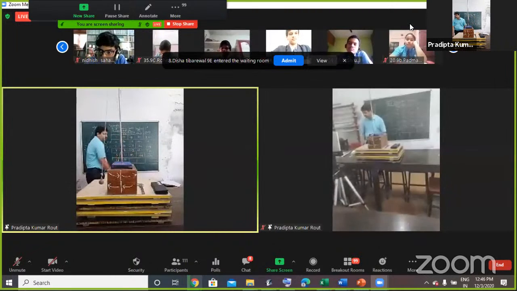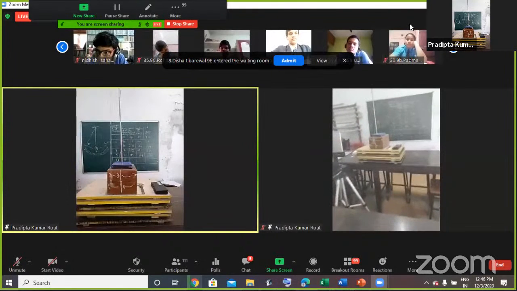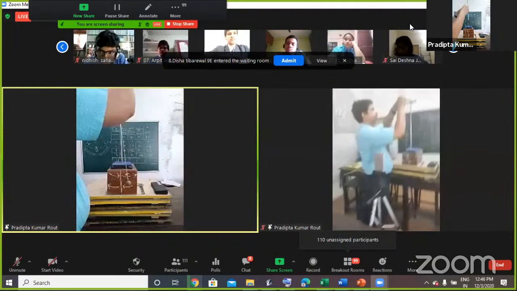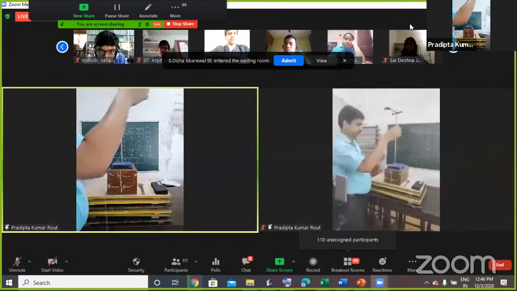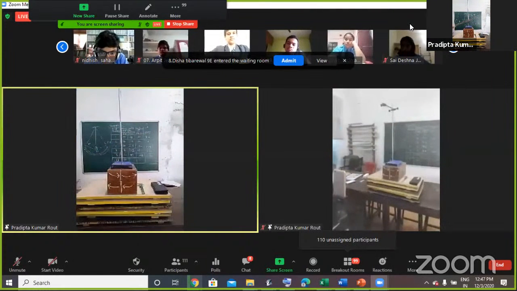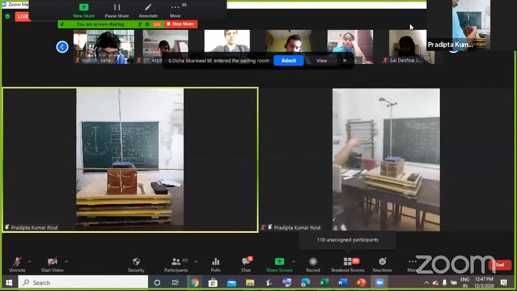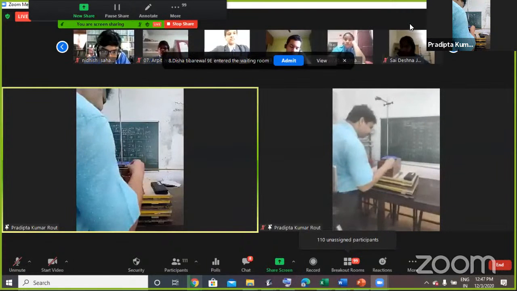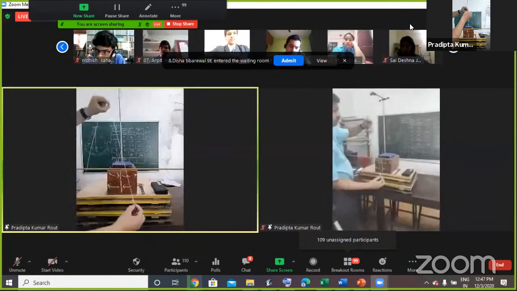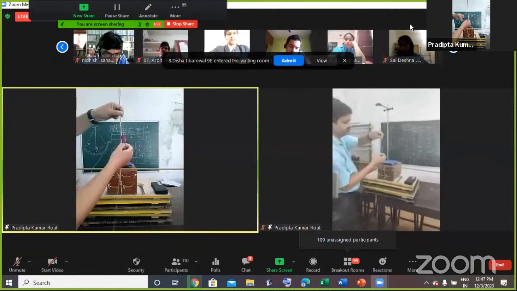Now come to 50 centimeter length. Now 50 means I have to take 48 centimeter. This is now 48 centimeter, plus 2 centimeter makes it total 50.